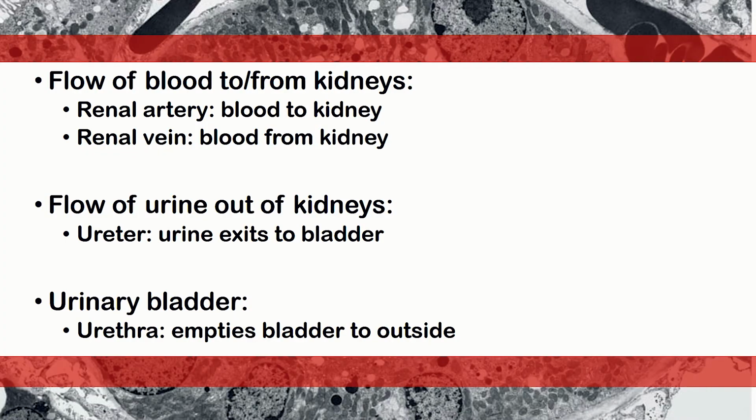That urine will then exit the kidney via a tube referred to as the ureter and will be transported to the urinary bladder. Once in the urinary bladder, that urine will be stored for some period of time before it is eventually emptied out via the urethra to the external environment.